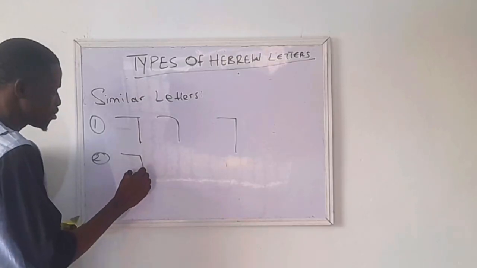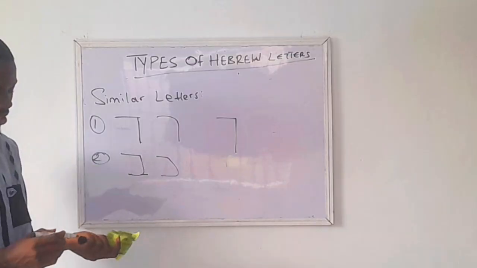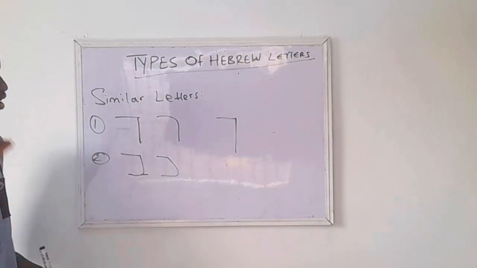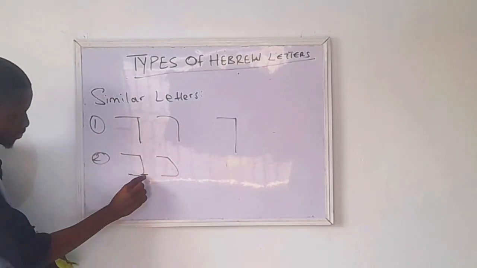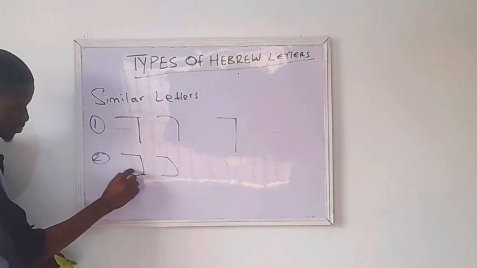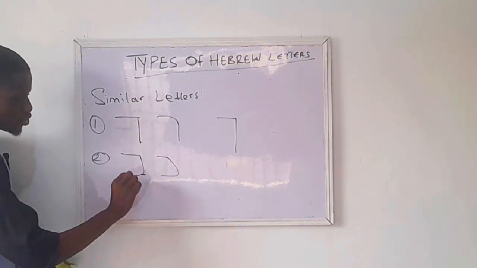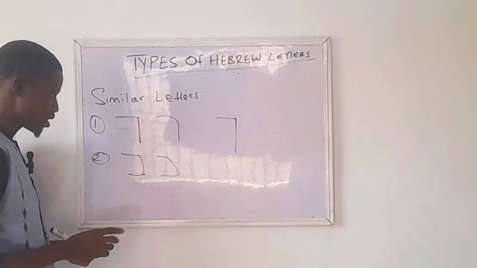Sometimes your Bet is written almost like this, and then your Kaf too. They look alike. Your Bet and Kaf in the main form, they look alike. But another thing you should notice, just like Dalet, your Bet will always come out a little. The line under here will always come out a little. Your Bet and Kaf.